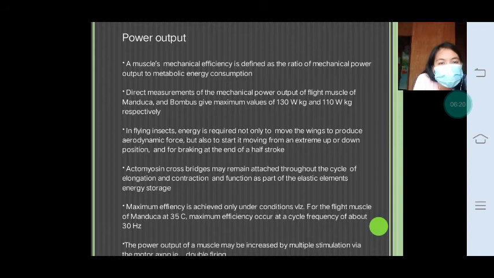In flying insects, energy is required not only to move the wings to produce aerodynamic force but also to start moving from the extreme up or down position and for braking at the end of half stroke. So, sa power output, nagde-define siya sa ratio ng mechanical power ng metabolic energy consumption.